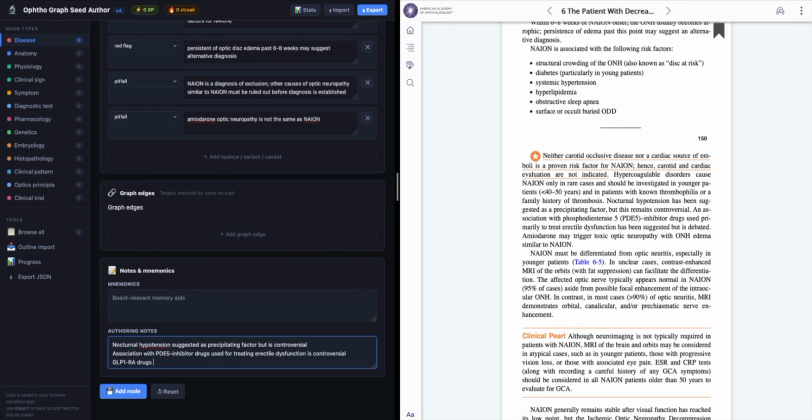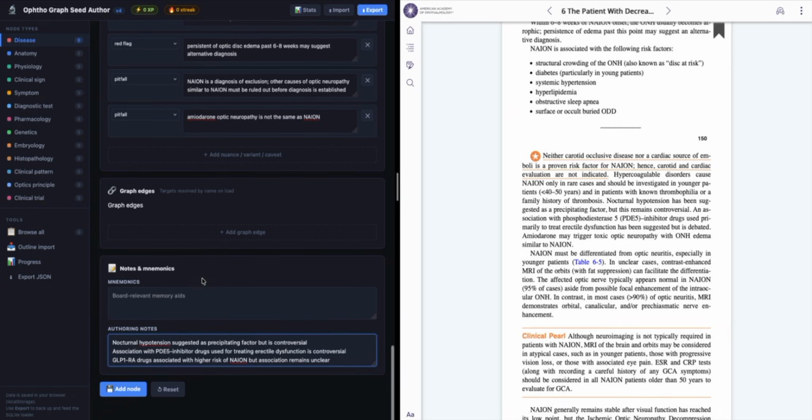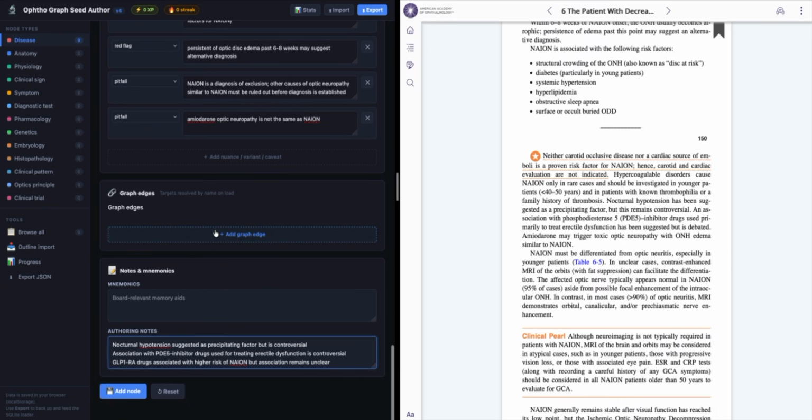Instead of saying associated with higher risk of NAION, I'll say association remains unclear, because there's still a lot of study on that and we don't have great data on this just yet.